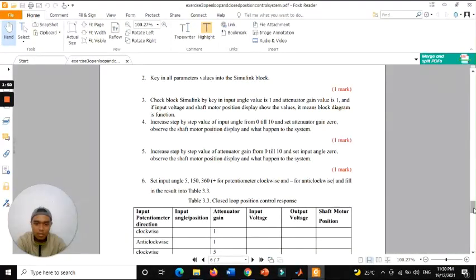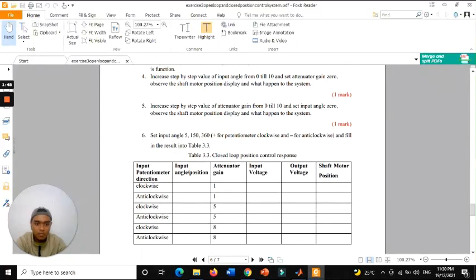So next is to set the input angle to 5, 150, 360, positive and negative, positive for clockwise and negative for anti-clockwise, and fill in the results into the table.